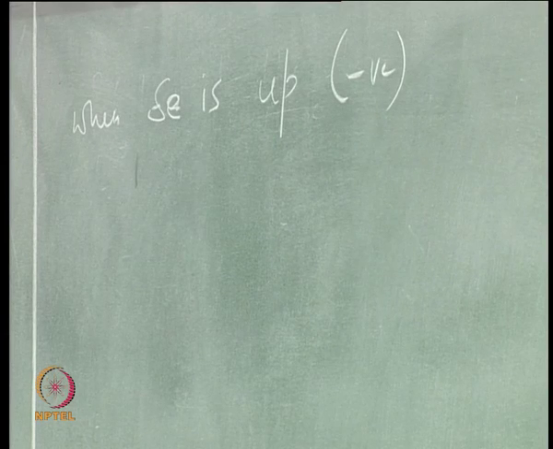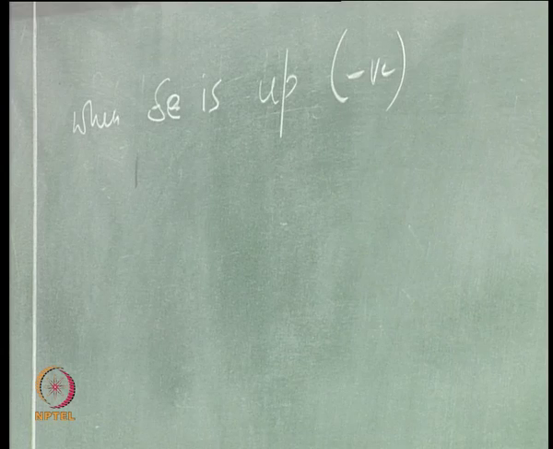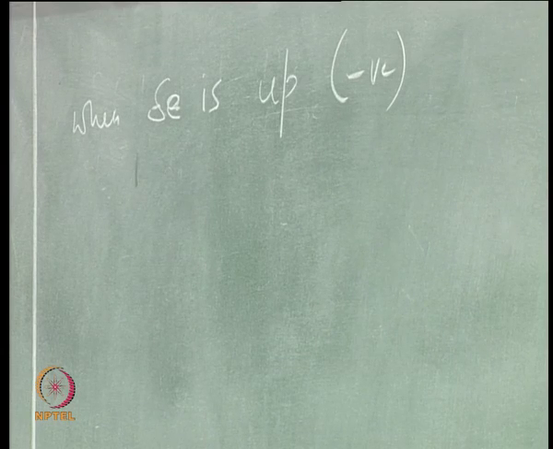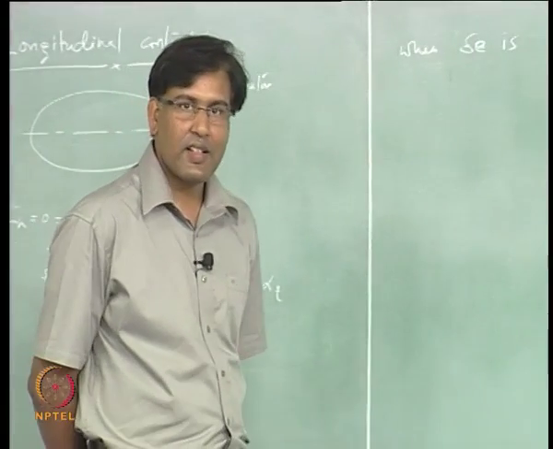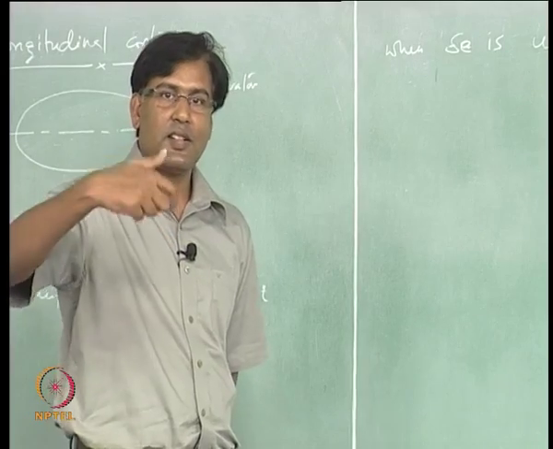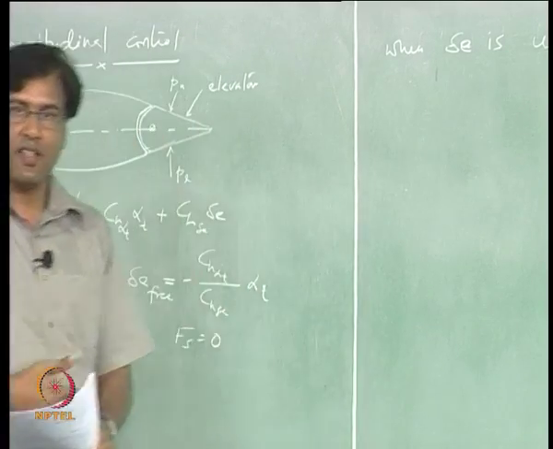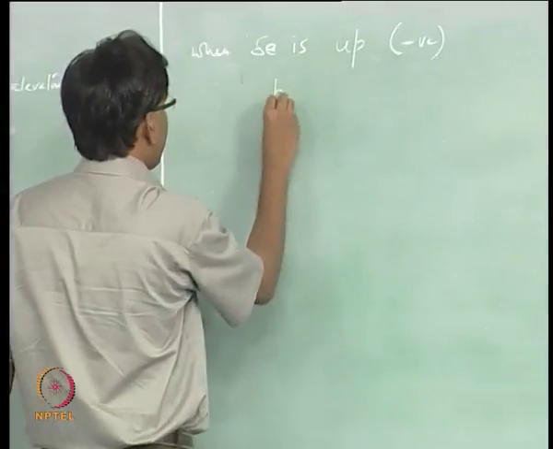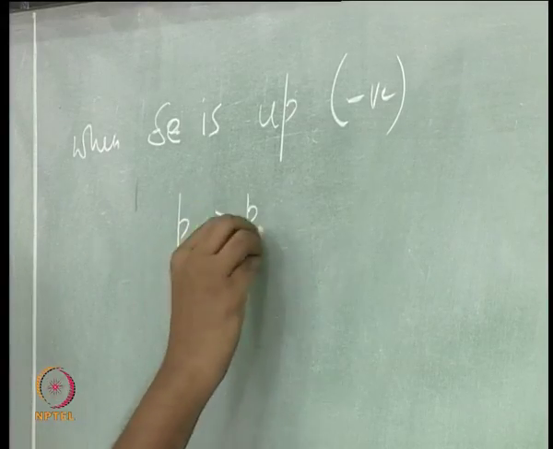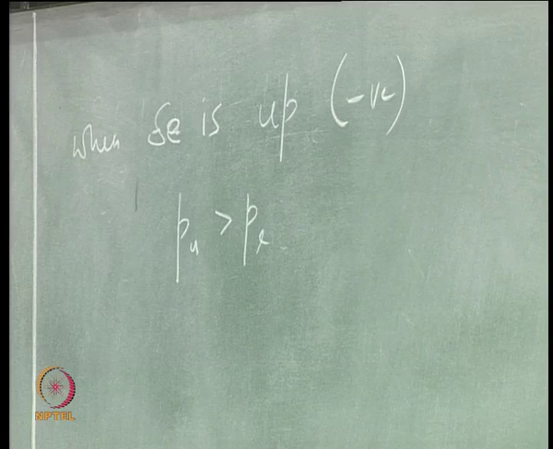PL and PU, which one will be larger? PU will be larger, right, because the camber is negative. Okay, so PU is larger in this case.